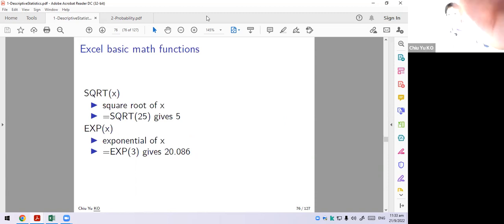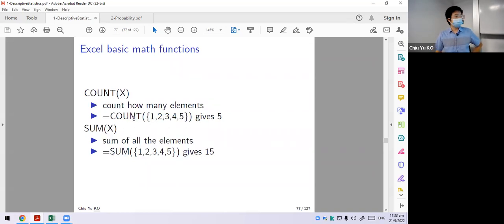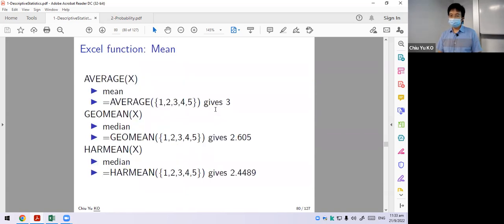And we have functions called square root and exponential. Square root we'll use, but exponential we will wait until topic 3. Then we have count and sum, which are useful when you want to count things and sum things. Then there is round up and round down, which explicitly do what they say. For the mean, we have average, and for geometric and harmonic means, we have GEOMEAN and HARMEAN.